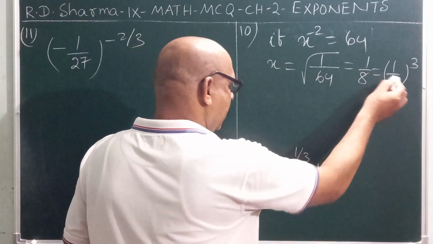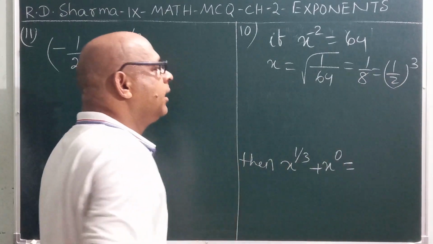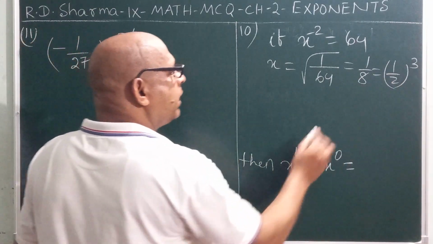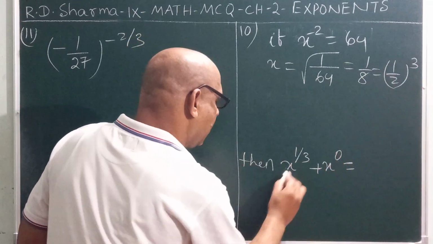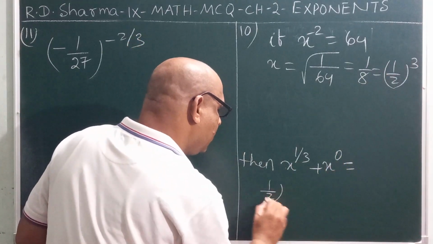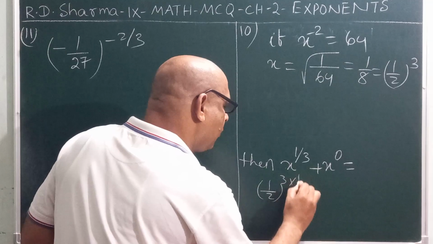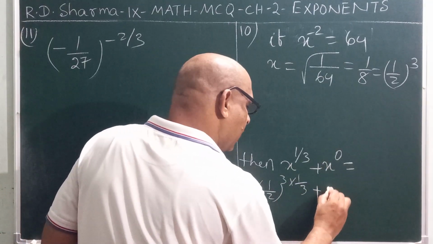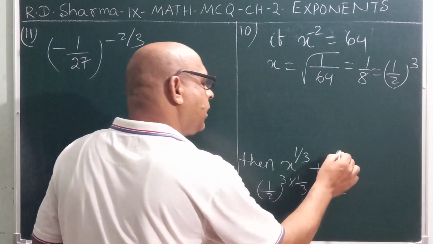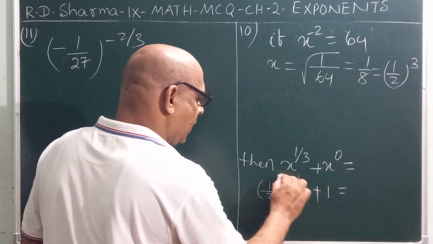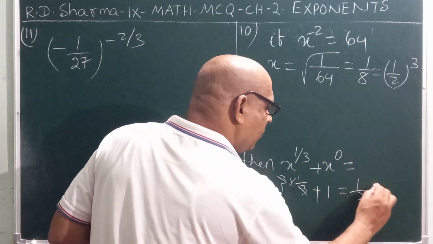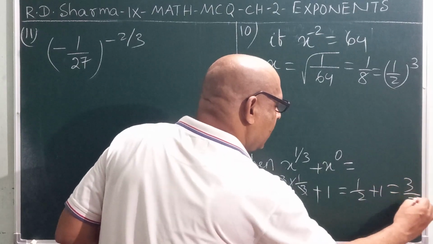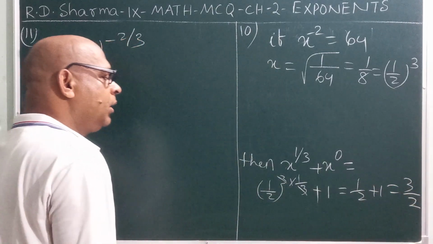Then put the value of x in: x is 1 by 2 the power 3. 1 by 2 the power 3 into 1 by 3 plus x to the power 0 equals 1. Any number to the power 0 equals 1. 3 cancel. 1 by 2 plus 1 equals 3 by 2. Answer is 3 by 2.